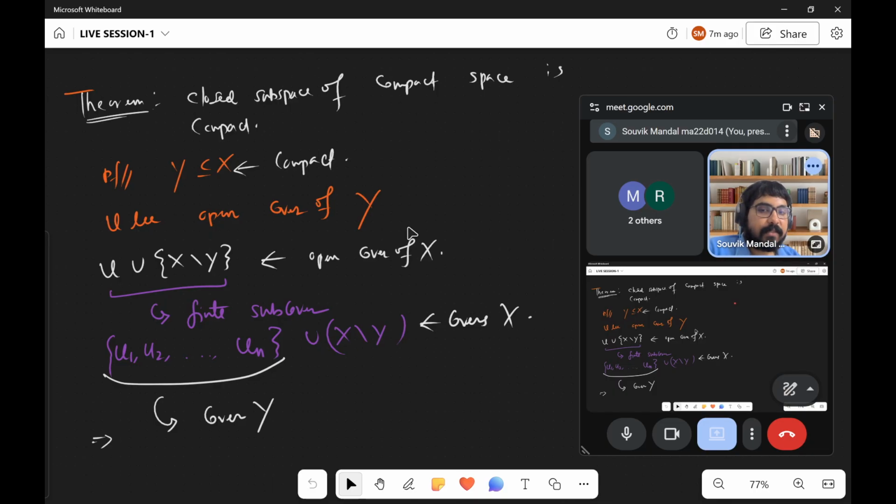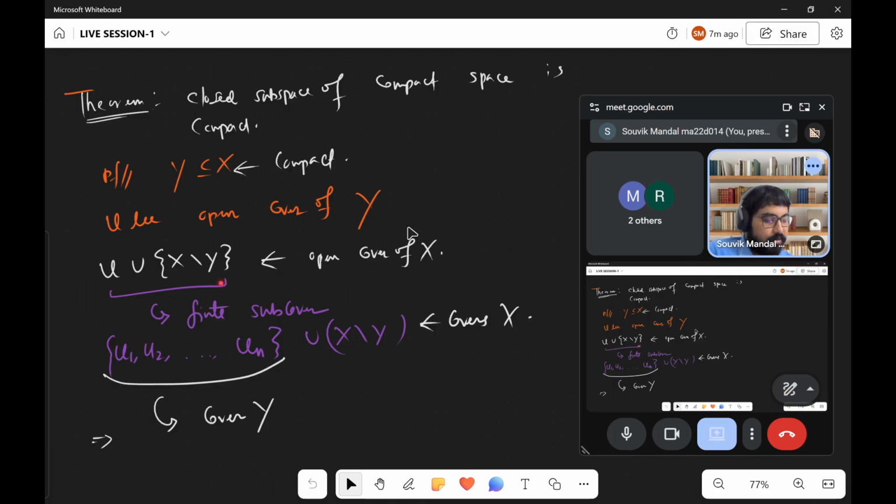Yes, sir. Now, if you take an open cover U of Y, then take the union of the open cover with X minus Y, the complement of Y. Since Y is closed, X minus Y is open. So U union X minus Y is again an open cover of the whole of X, correct? Now X is given to be compact.